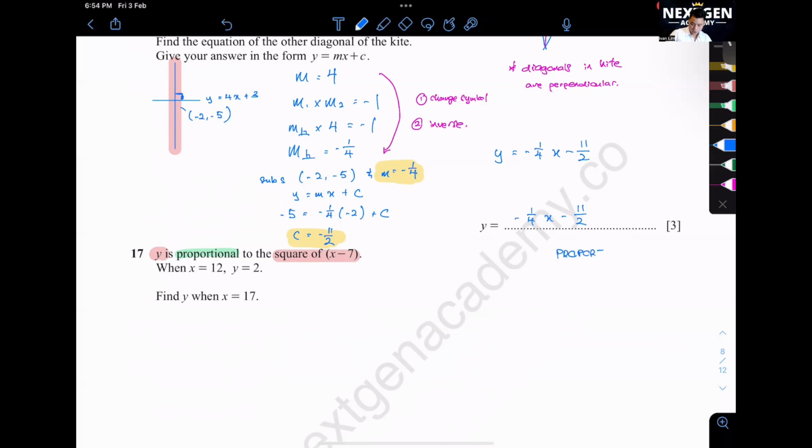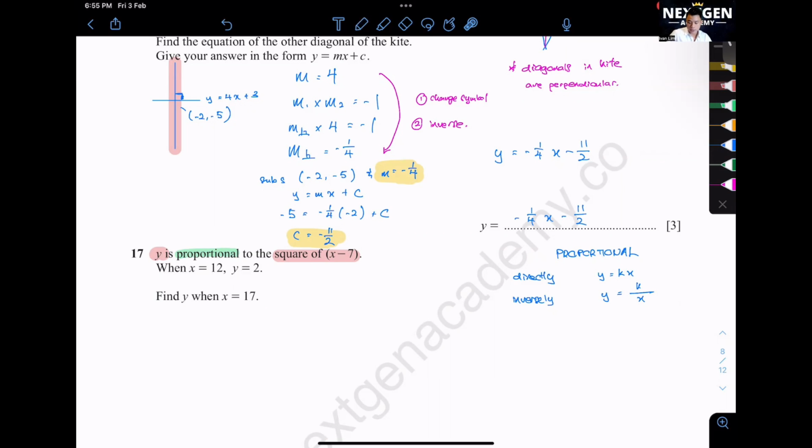If directly proportional, we will use y equals kx. If inversely proportional, just remember your x will be at the bottom: y equals k over x.